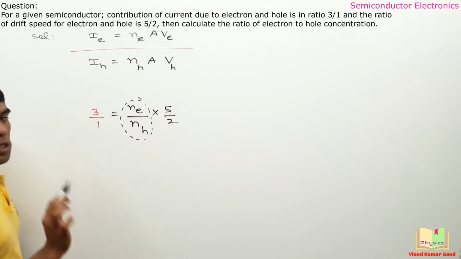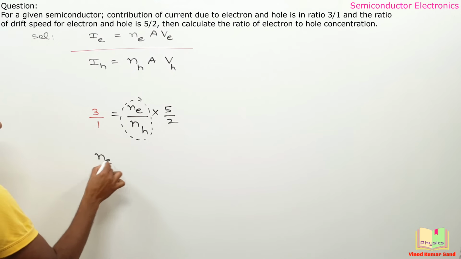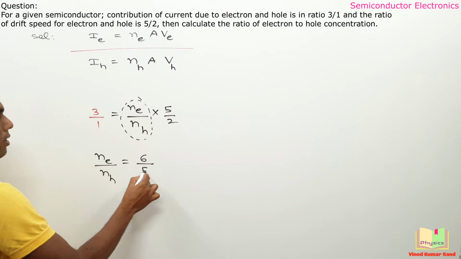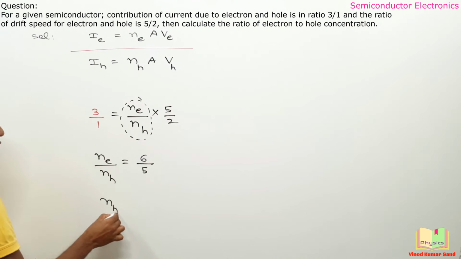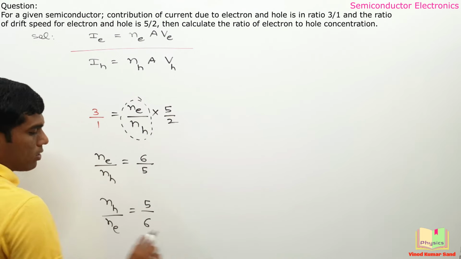This is what the question is asking us. So let us calculate. The N_e by N_h will be equal to 6 by 5, or if you require N_h by N_e, it will be 5 by 6. This is the answer.